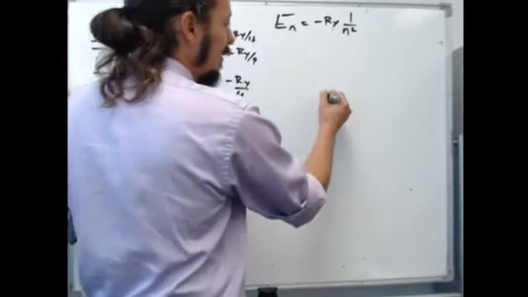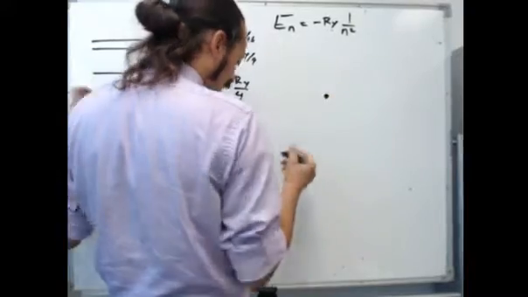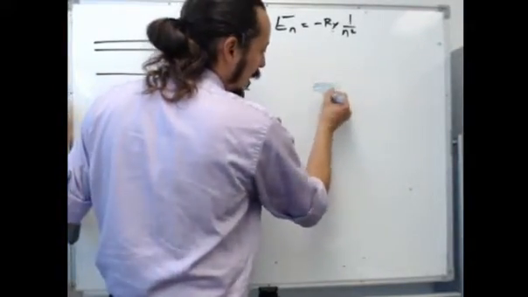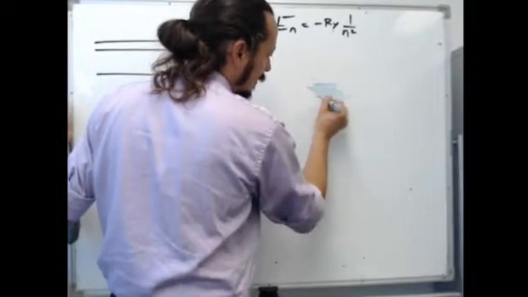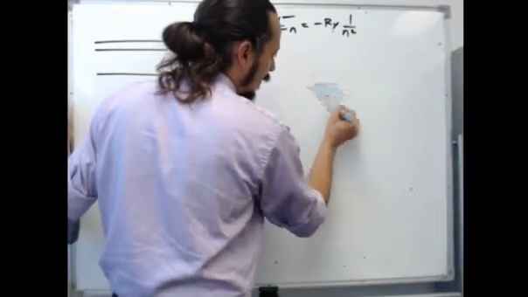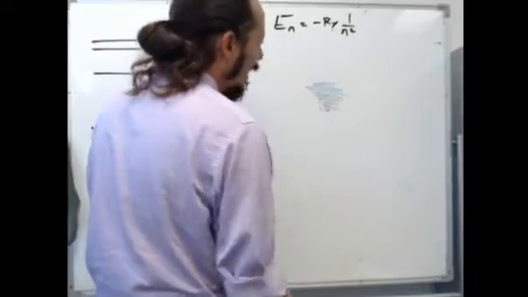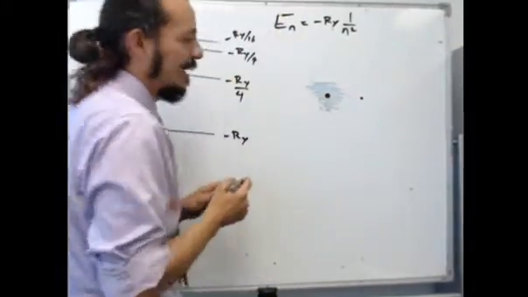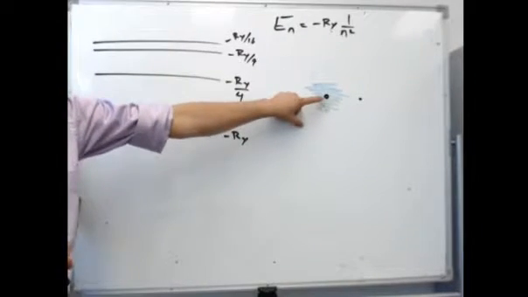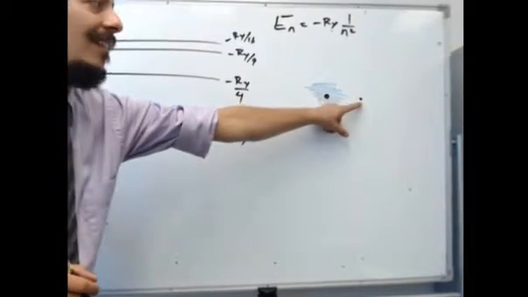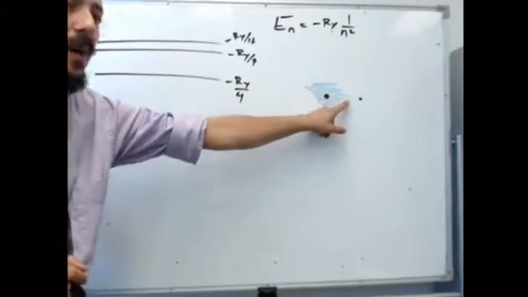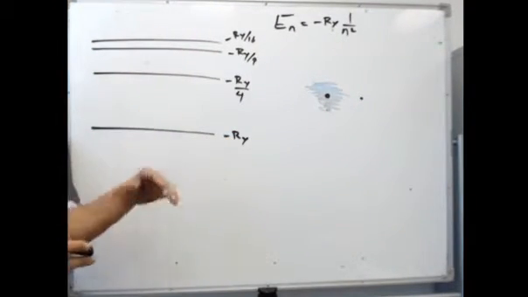So you've got your nucleus, you've got a bunch of electrons kind of in a cloud around it, and then you've got one more electron out here. If you've got 15 protons in that nucleus, that electron is not going to be attracted to all 15 protons, because it's also going to be repelled by 14 electrons.